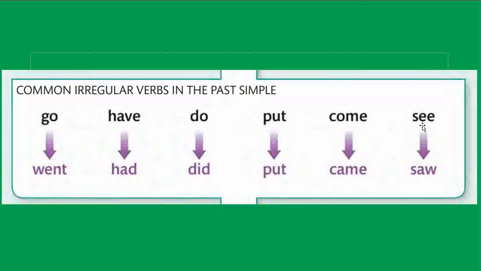See, there is an internal change of vowel, double E becomes AW, see becomes saw, and W is added to it. So this is a complete change over here. It's a complete change of word that you can mention, that see changes to saw.